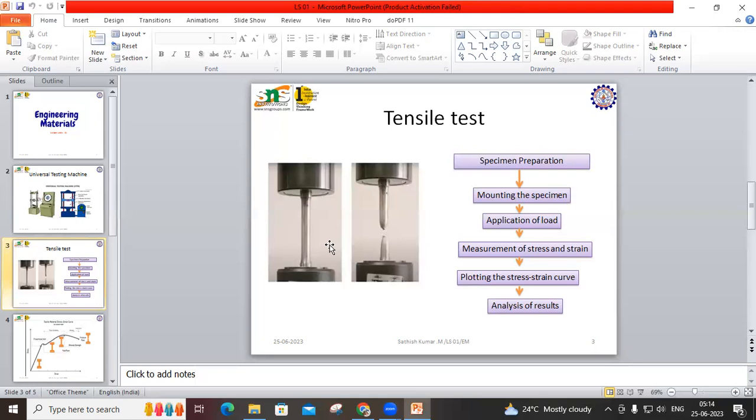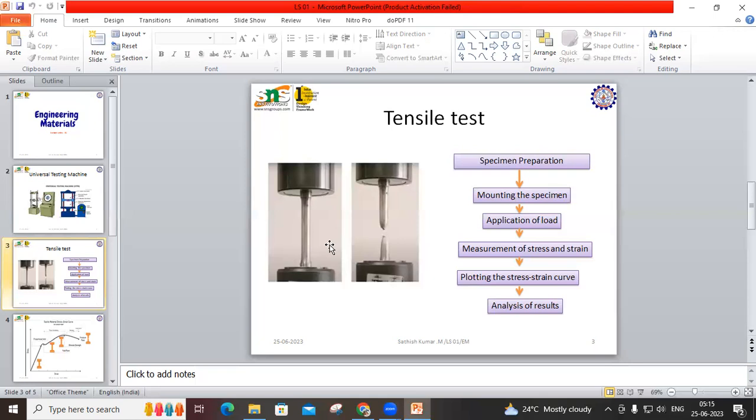In the analysis of results stage, we determine several mechanical properties which are very important for any material used in the engineering field: yield strength, ultimate tensile strength, ductility, and toughness. These properties help characterize the material's response to tensile loading and provide insight into its suitability for specific applications.